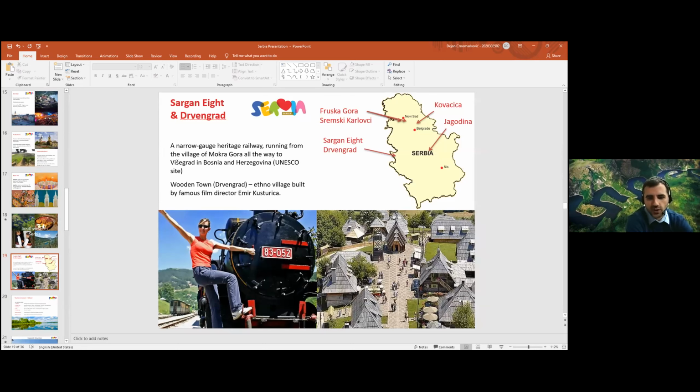It's a narrow gauge railway with a little town built by the famous film director Emir Kusturica, and it has accommodation, cinema, conference rooms, and it's in a splendid spot where everything surrounding you is green and really to enjoy and maybe have a meeting or whatever.